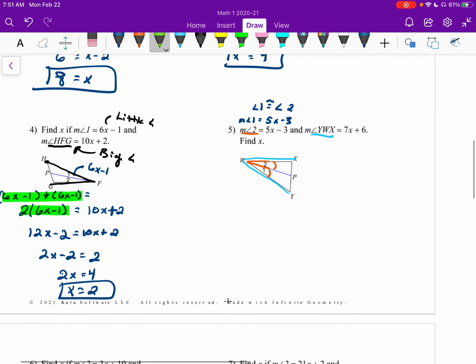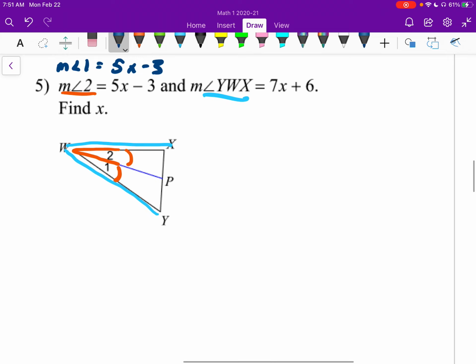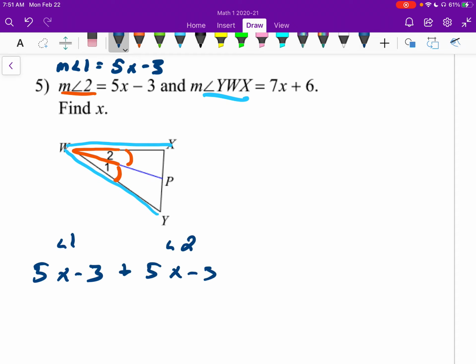I'm going to write it where they're added together. So the bisected angles, the angles that were cut in half, angle 1 and angle 2, I can say, well, 5x minus 3, this would be angle 1, plus 5x minus 3, this will be angle 2, right, because they're congruent, is equal to the big angle, 7x plus 6.